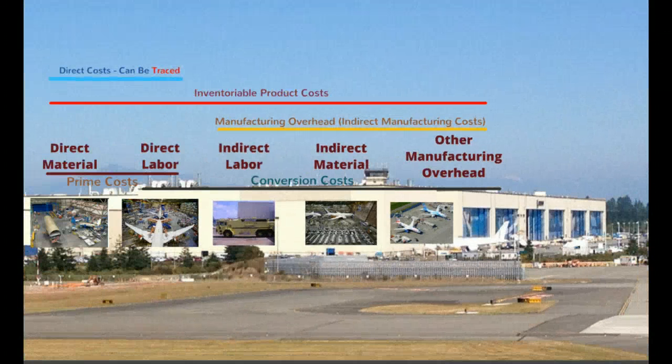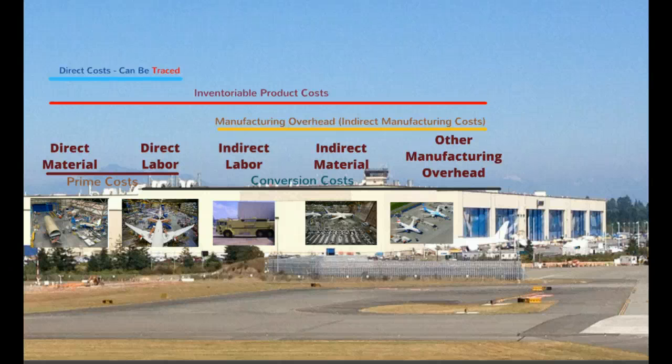So, there we have it. Here's the whole picture, and just a quick recap. We have direct costs, direct material, and direct labor costs. These are known as prime costs, and they can be traced to individual products, to individual aircraft. We have indirect costs, indirect labor, indirect material, other manufacturing overhead. This is manufacturing overhead. They are indirect costs. They cannot be traced to individual aircraft.